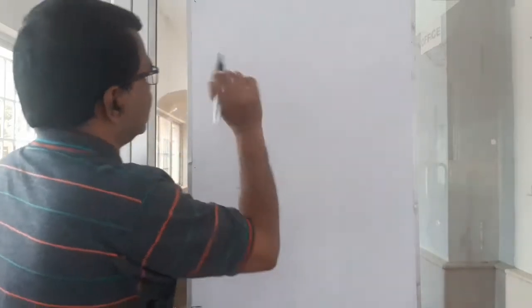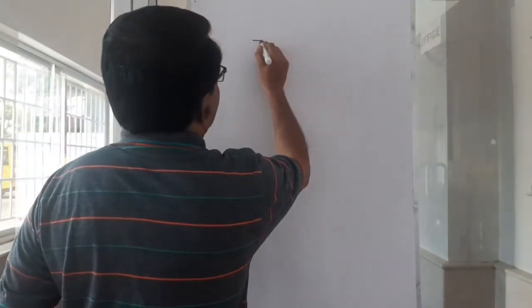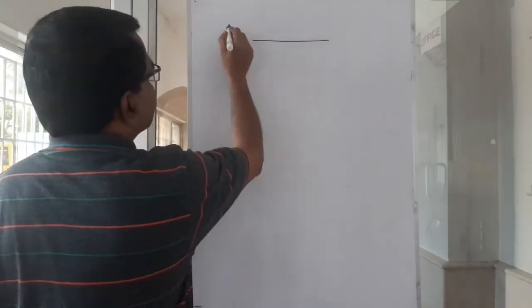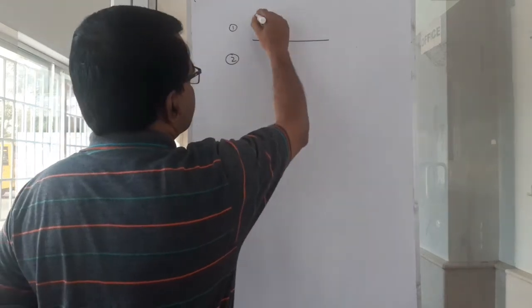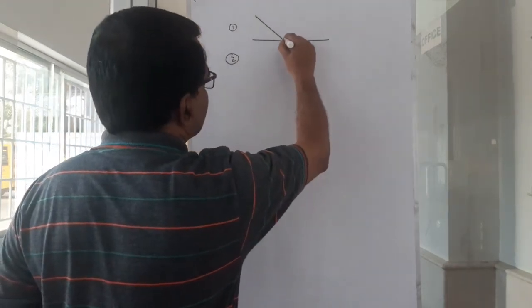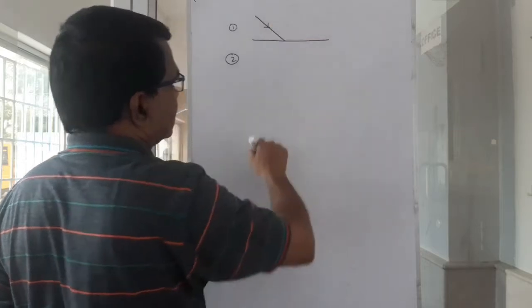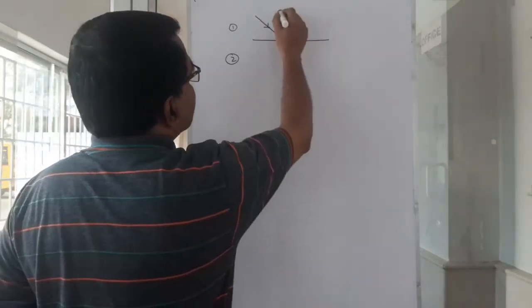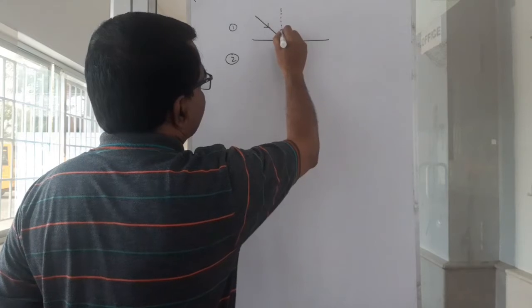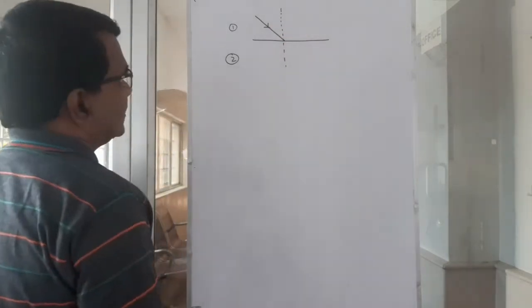So let me ask you this question. Okay, so this is the interface, this is medium 1 and this is medium 2. So light travels here at a certain angle, and then it falls on the interface. It's going to get refracted clearly. So I can draw a normal at that point. Okay, the normal is there.